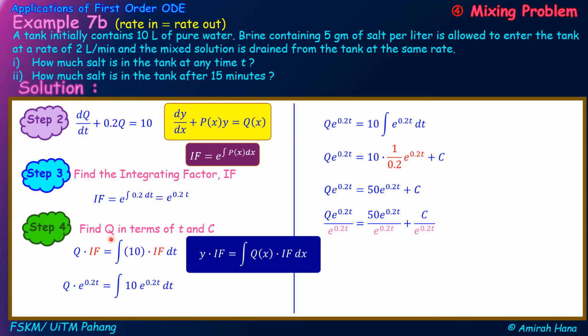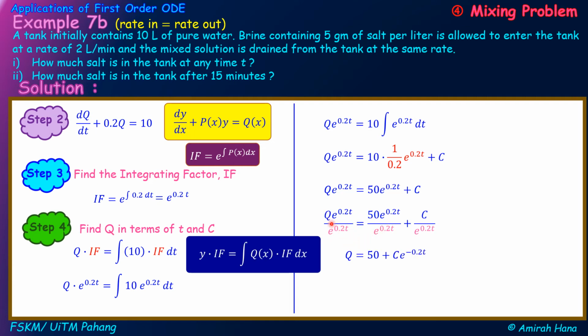Alright, now we want to find Q in terms of t and c. That means we need to write Q as the subject. So we divide each term on both sides by e to the power of 0.2t. After we divide each term by e to the power of 0.2t, we get this.